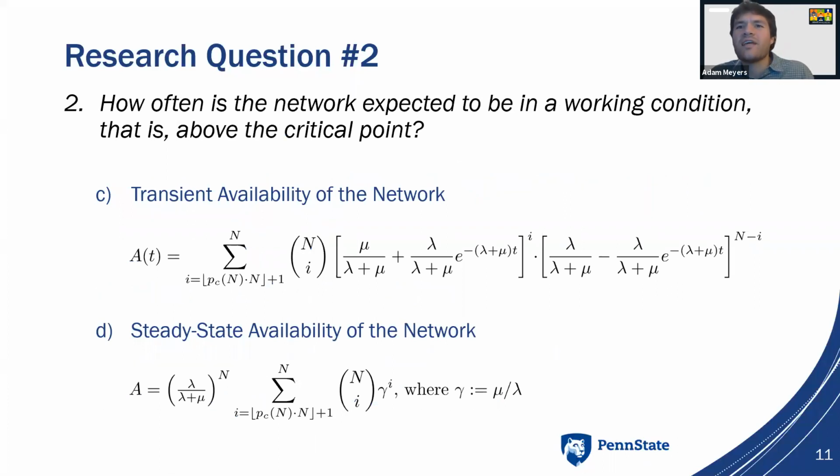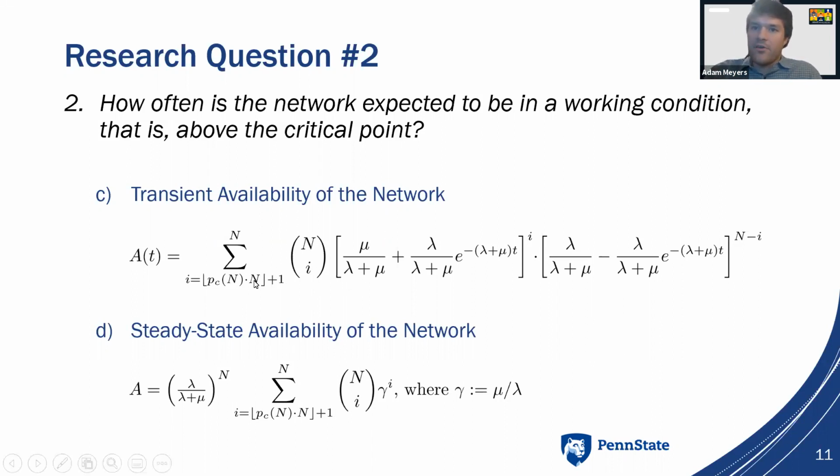For the second question, how often is the network expected to be in working condition? Well, that's another way of saying the availability of the network. So we'll compute both the transient and steady state. The transient availability is just the probability that the network is available at time t. We've derived it as such.